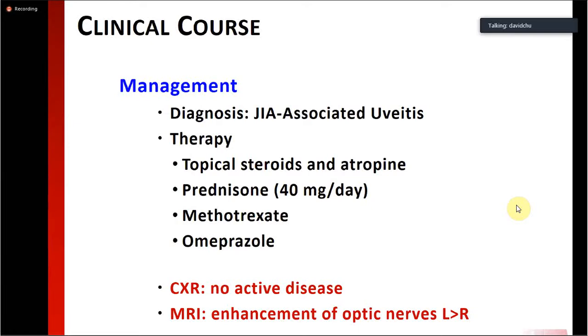Another item on the intermediate uveitis differential is Lyme disease. Was there any history of exposure, tick bites? Yes, that's definitely appropriate, David, and definitely correct. This patient did not have any history of tick bite.